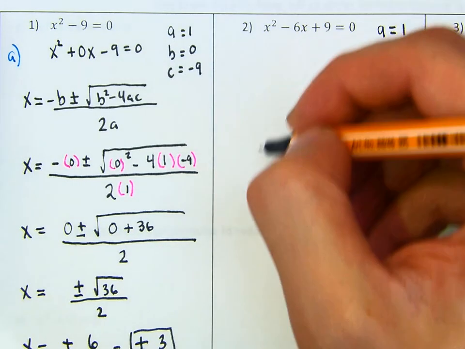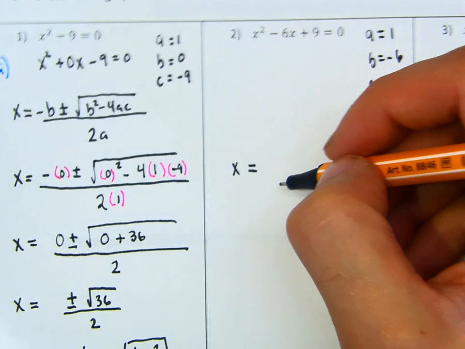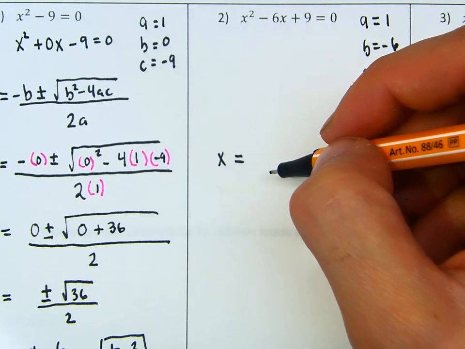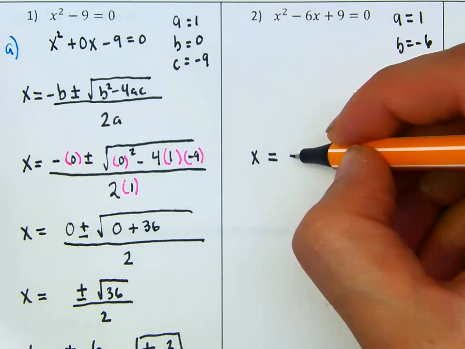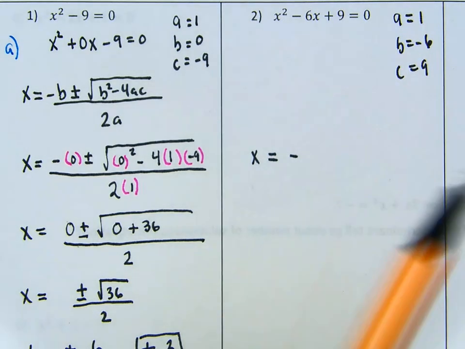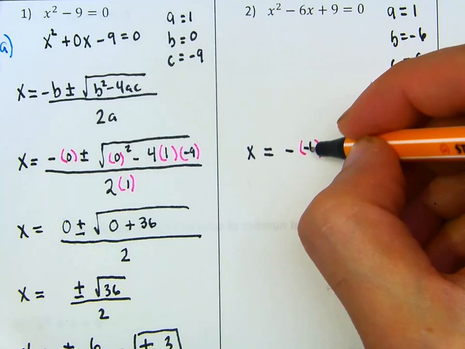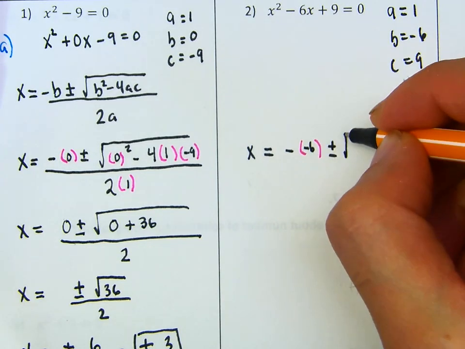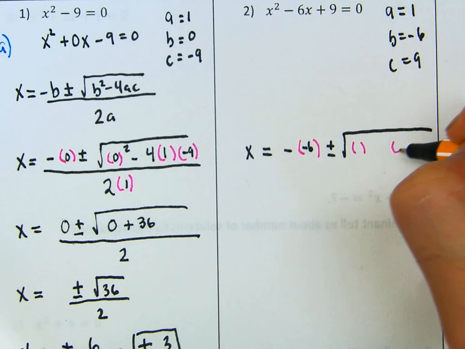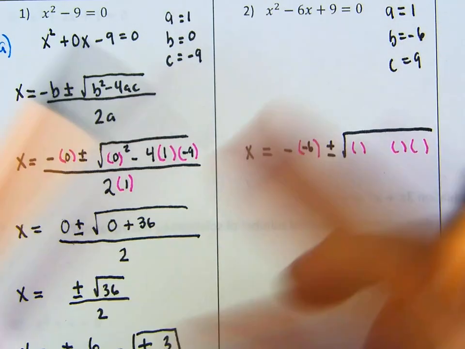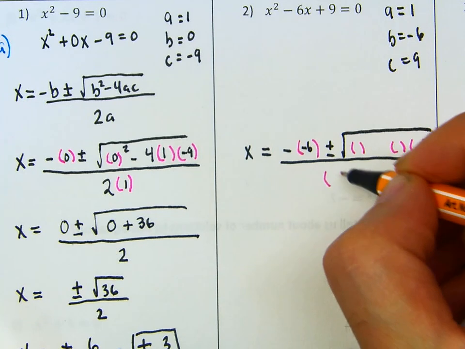x equals, and I'll try and do it side by side. Let me zoom in a little bit. So x equals, what is your b? So it's negative, parentheses, negative 6, plus or minus the square root of, parentheses here, parentheses here, parentheses here, over, I'm just setting it up for us, parentheses here.